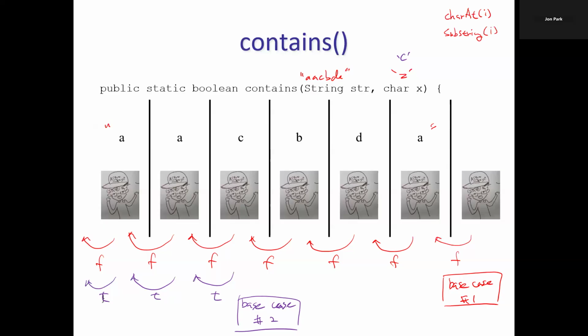There are different versions, but the version we're going to use takes in one index and returns the string starting at that index. So if you do str.substring(2), it will return the string CBDA. And lastly, the length method, which returns the length of the string. So if you do str.length, it will return 6.